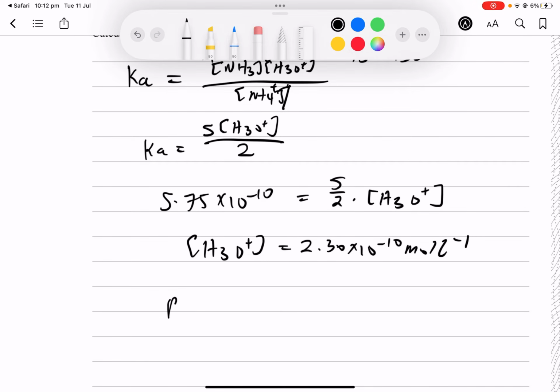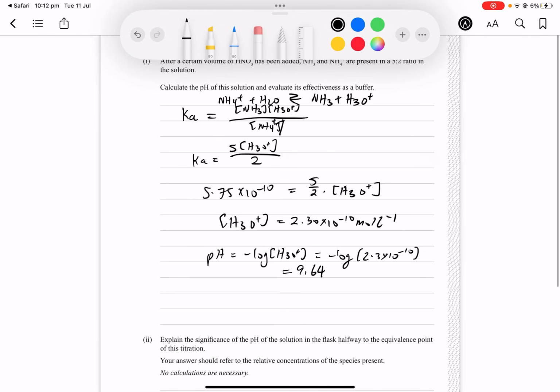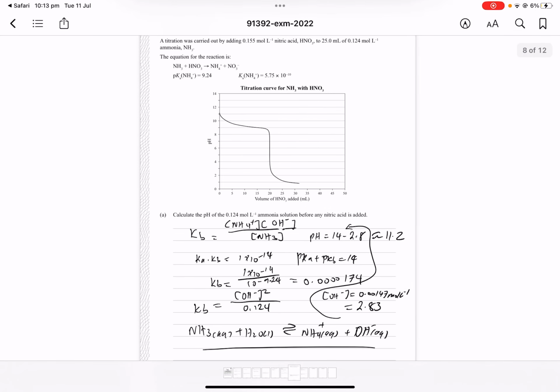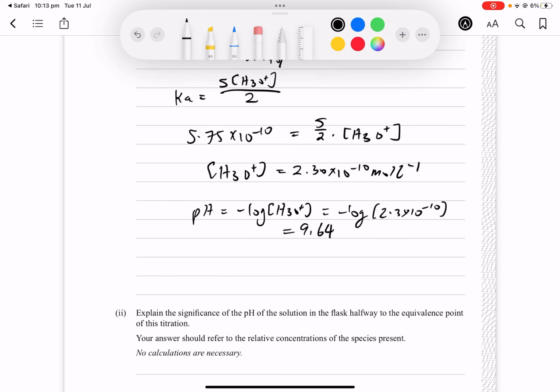And therefore, our pH is negative log of hydronium. So that's negative log of 2.3 times 10 to the power negative 10, which is equal to 9.64. And in this case, since the pH is 9.64 and the pKa value is 9.24, pH is greater than pKa, so therefore the concentration of the basic part of the buffer is greater than that of the acid.